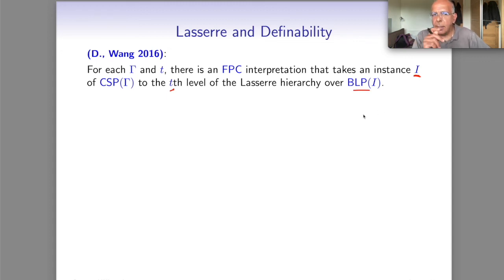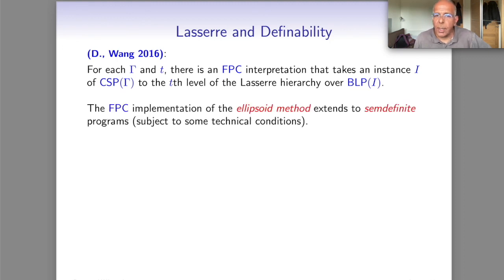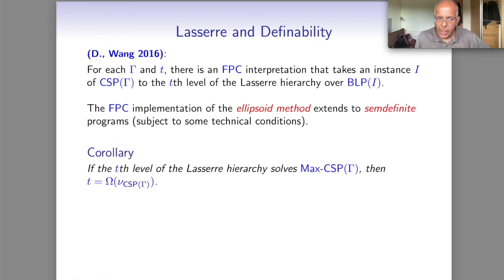I should actually say the Lasserre hierarchy is not linear programs, it's semi-definite programs. And the FPC implementation of the ellipsoid method, which we saw earlier, extends to semi-definite programs, subject to some technical conditions, which it turns out we can satisfy in this case.